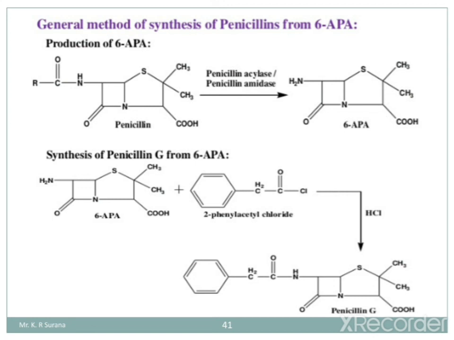If we want to synthesize penicillin G from this 6-APA, then 6-APA plus 2-phenylacetyl chloride, in acidic condition, will give penicillin G. So this is the general method for synthesis of penicillin.